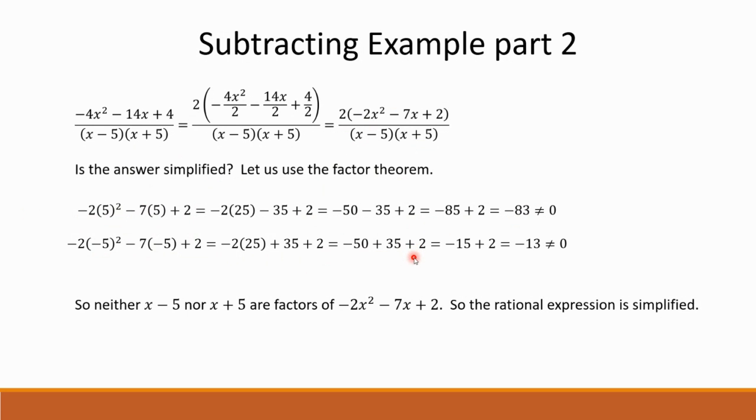You plug it in, and you get negative 2 times 25 minus negative, so it's plus 35 plus 2. And you get negative 13, which is not 0. So x minus negative 5, which is x plus 5, is not a factor of the numerator.